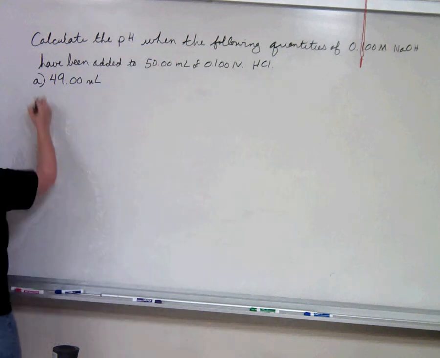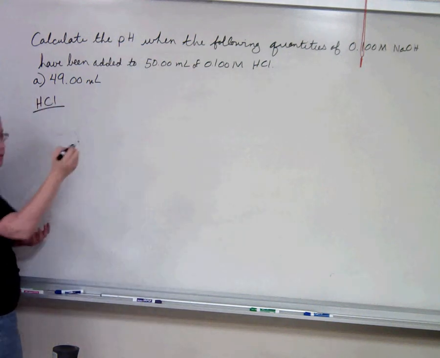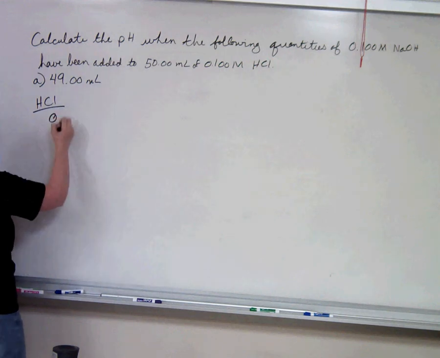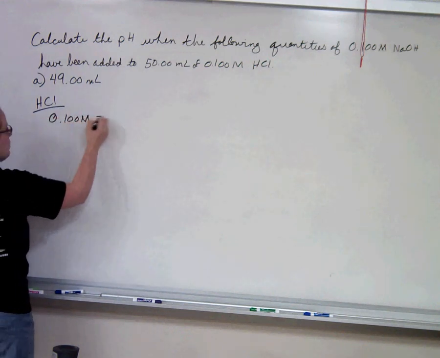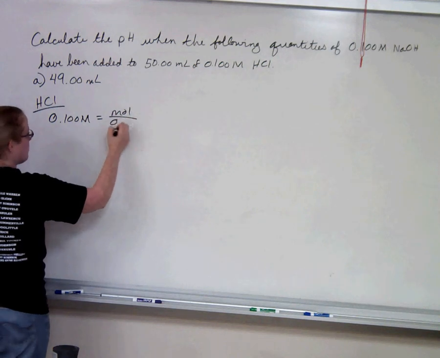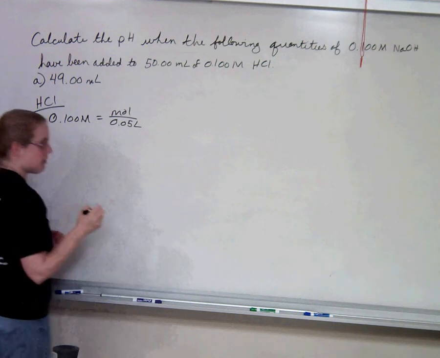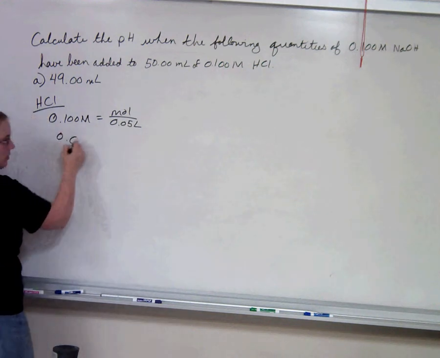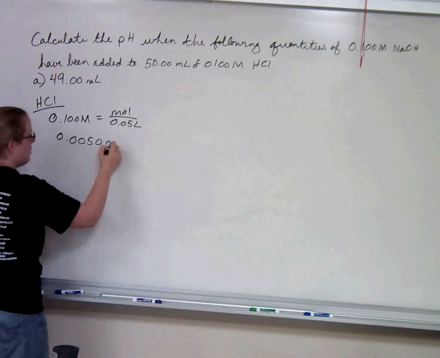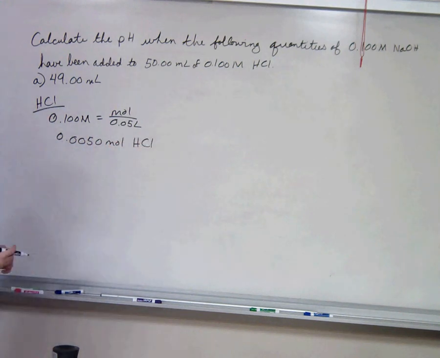So first, the hydrochloric acid. Again, molarity equals moles over liters. So we have our molarity. We need to know how many moles, and we have our liters. Okay, so that gives us 0.005 moles of hydrochloric acid.